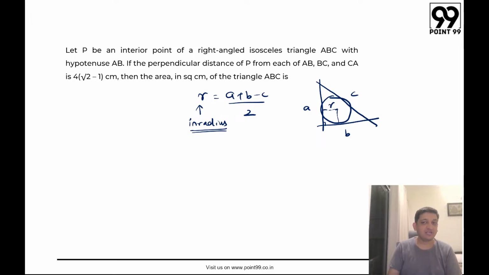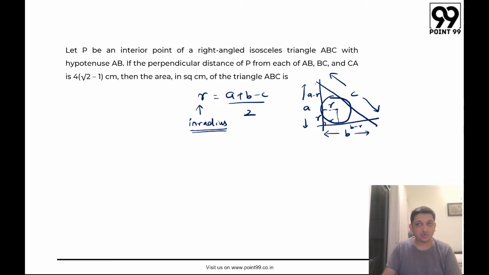अब ये कैसे मिल गया मेरे को यहाँ पे? So let's look at this figure. तो ये entire length is a, this entire length is b and this entire length is c. That's what we know. Now if this part is r, this part will also be r. So ये जो बचा हुआ part है वो क्या बन गया? b minus r. Similarly, if this part is r, this remaining part will become a minus r.